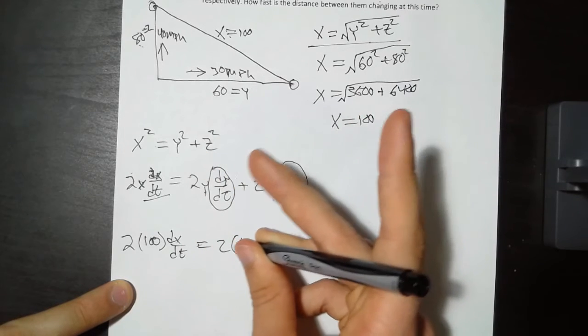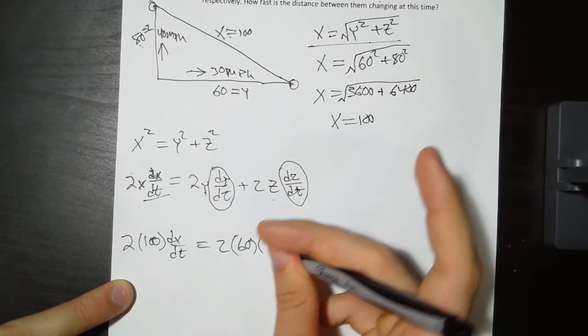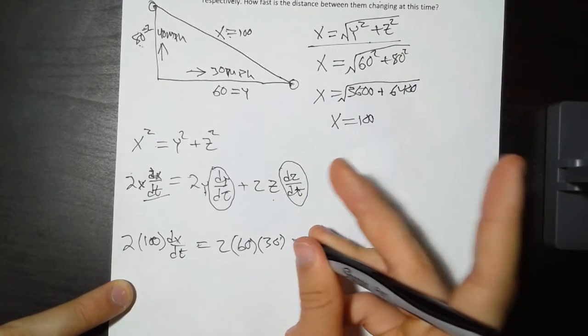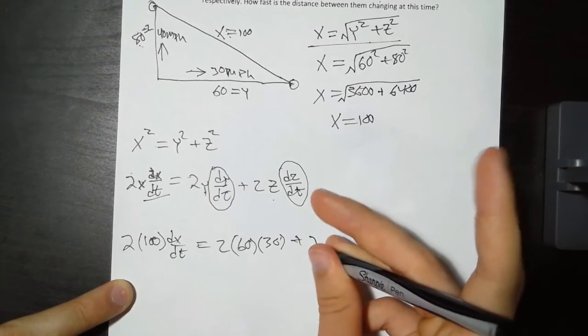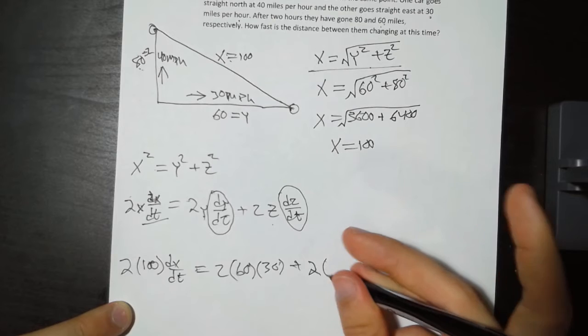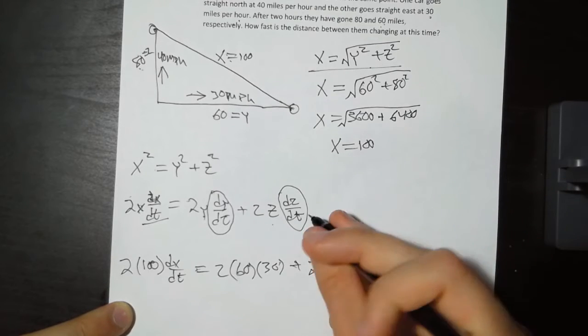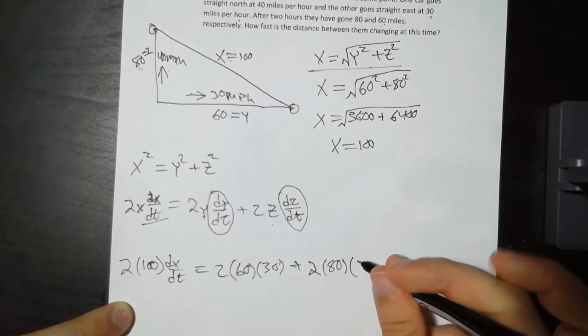Our y value is 60, and our dy over dt is 30, plus 2, our z value we have is 80 up there, and our dz over dt we have as 40.